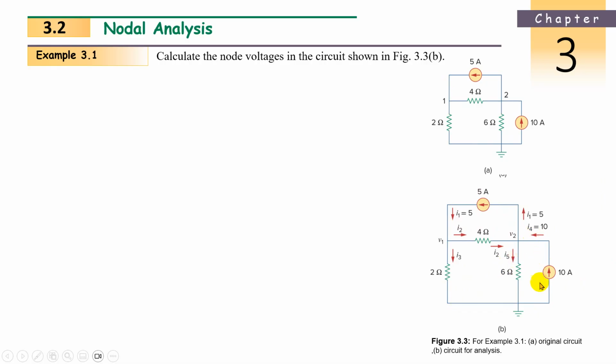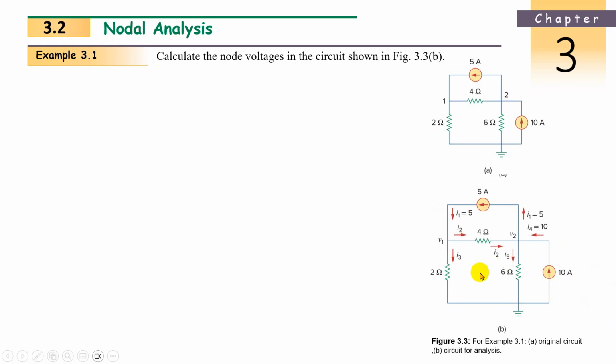Then I4 is from ground to V2, entering the node. Then I5 from V2 to ground. You can put your own direction of the currents, only you have to check the direction. For the resistances, put your own directions, no problem.